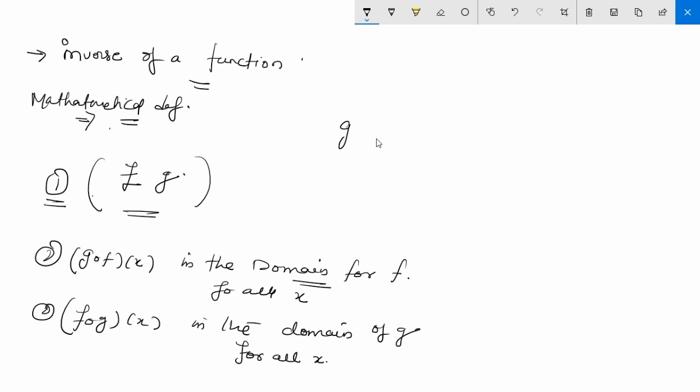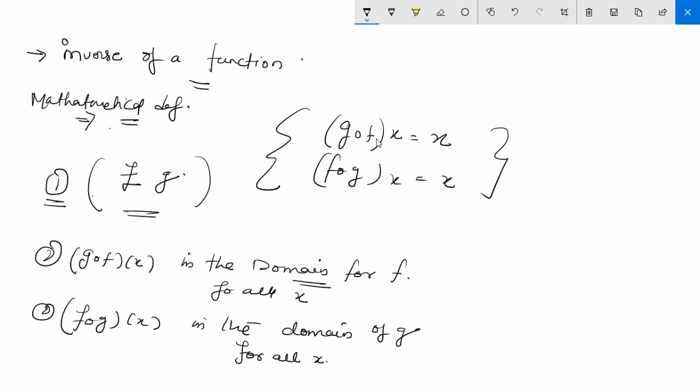If g of f of x equals x and f of g of x equals x, then f and g are said to be inverses of each other.